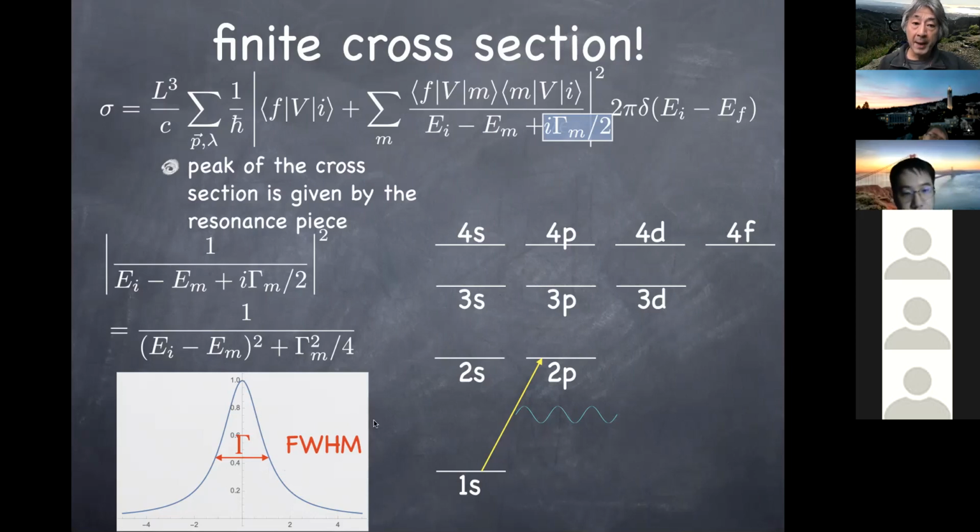So anyway, the main message on this slide is that, good, the cross-section is now finite, which is great because we don't want infinite results in physics. Every physical quantity should be finite. But this finite cross-section now has a big peak when you send in the photon at the right energy to excite the system to the 2p state.